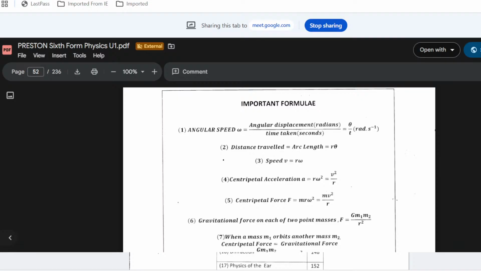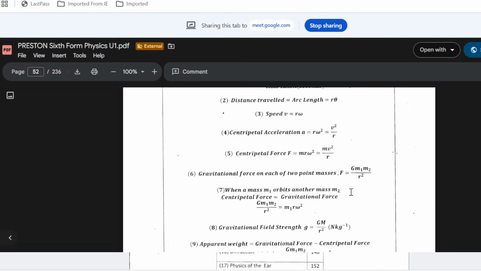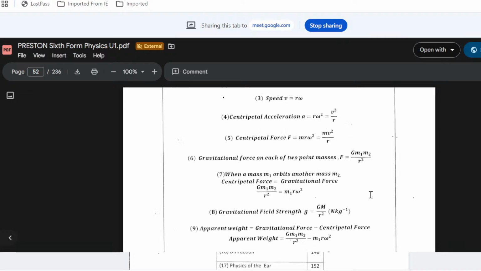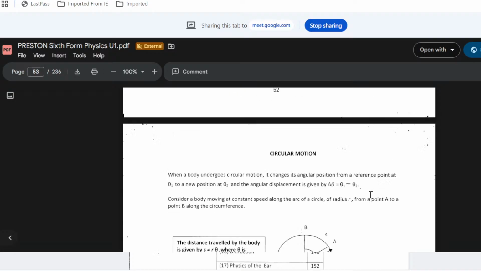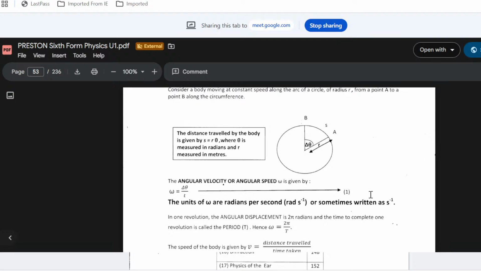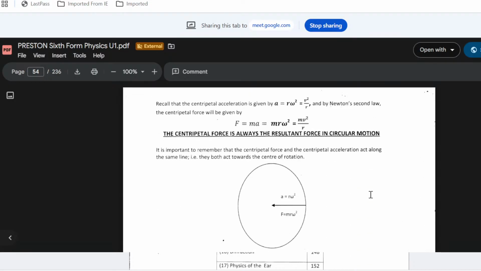So we have these equations, and there are different types of scenarios with circular motion. I'm sure you've seen the vertical circle.